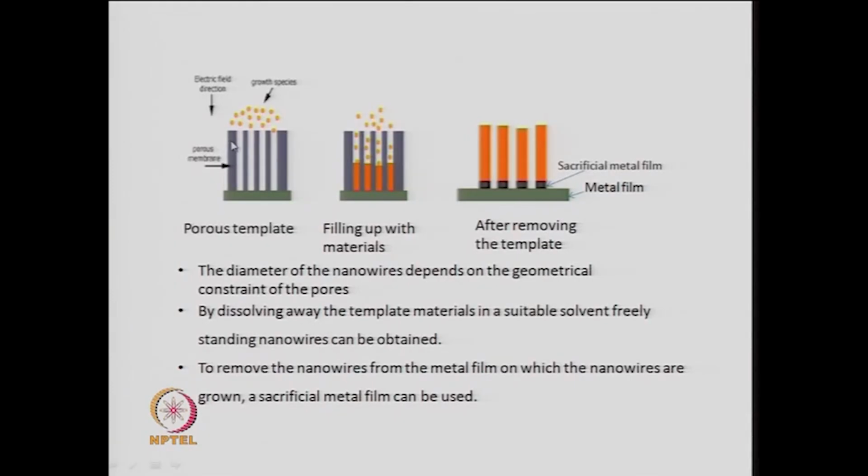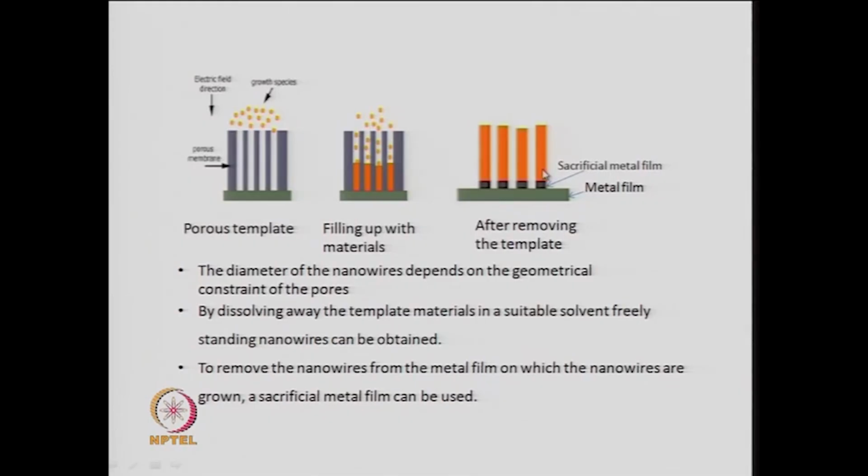You have this porous membrane shown in gray color, and this is the metal film on which these molecules will deposit and form these nanowires. Once they are completed, then you remove this porous template. The gray porous template can be removed and you get these freestanding nanowires.